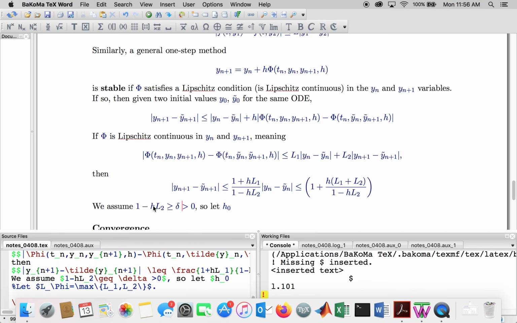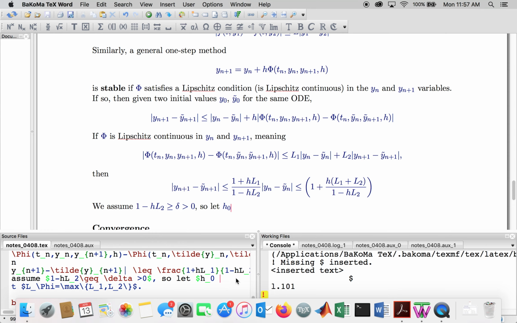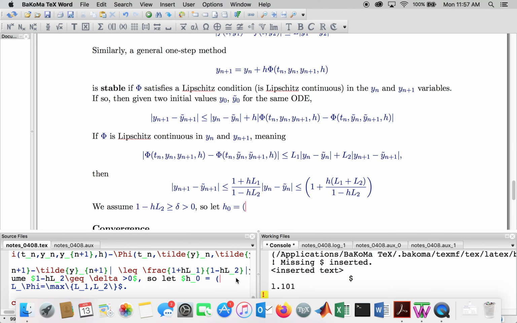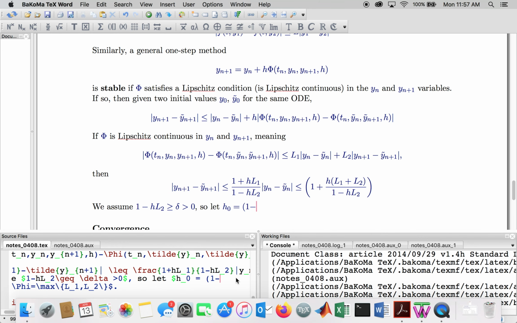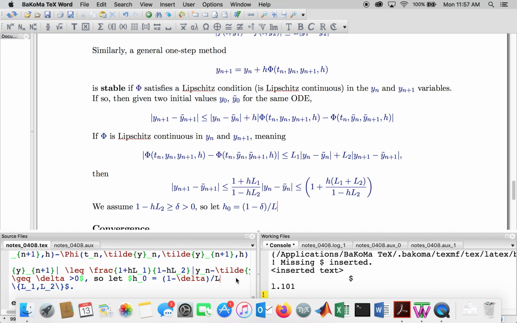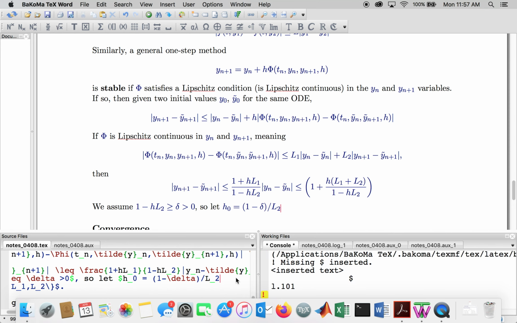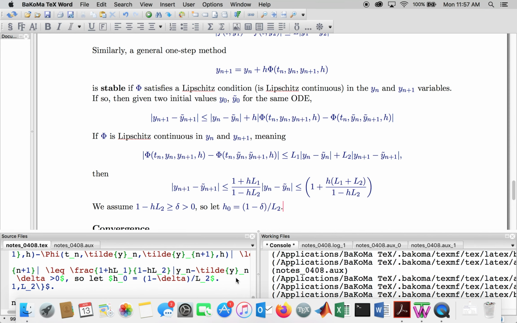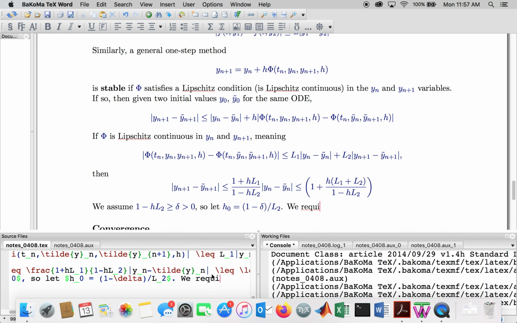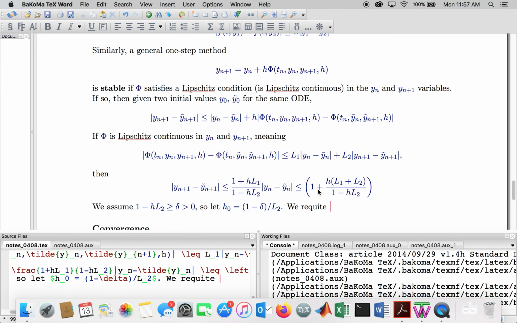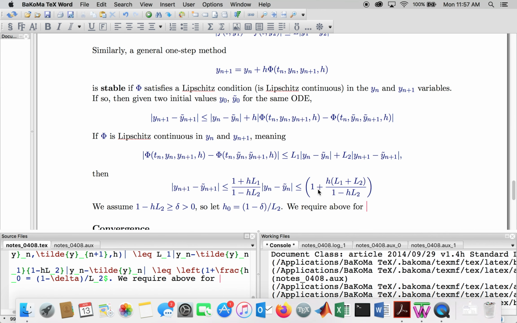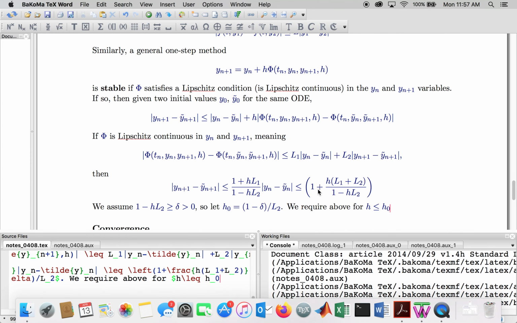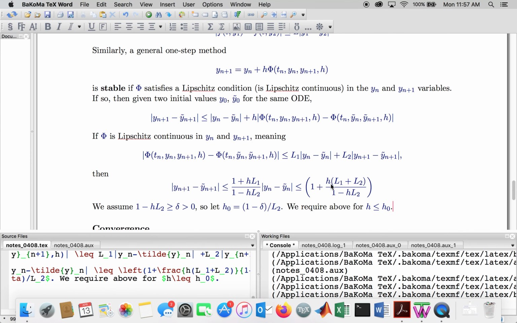So if I choose h naught so that this is equal to delta, I'm going to let this be 1 minus delta over L2. So we require the above to be satisfied for h less than or equal to h naught.